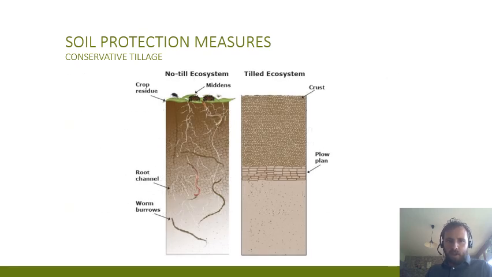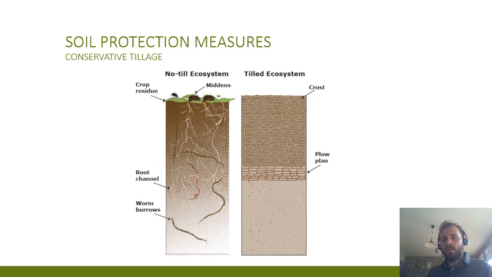So if you get to the extreme, you can practice a no-till system where you don't plow at all. By doing so, you will really limit the loss of organic matter because you will not expose your soil to the air at all. You will also heavily prevent erosion.